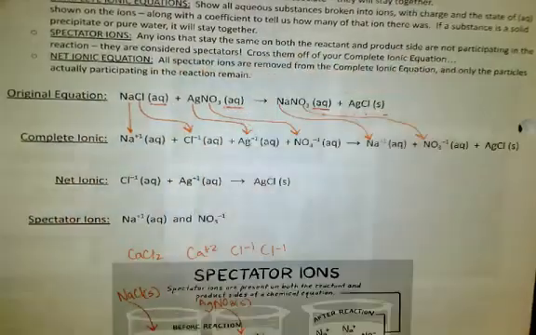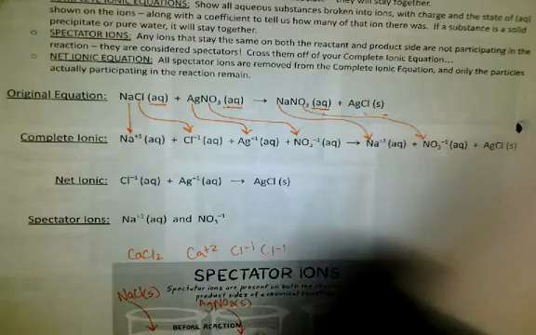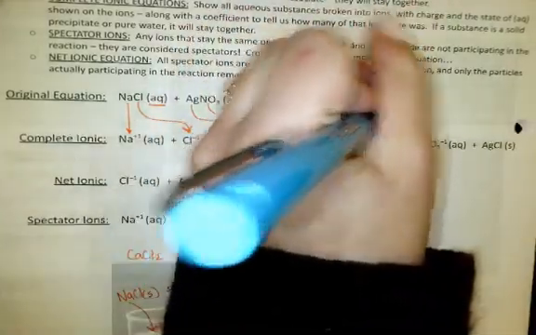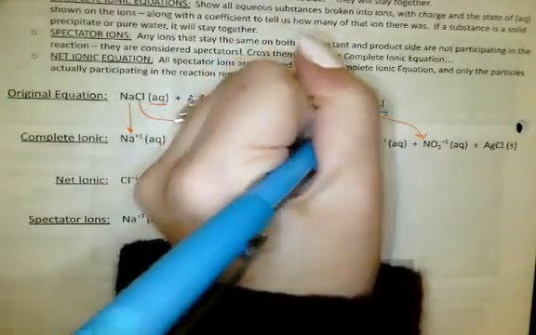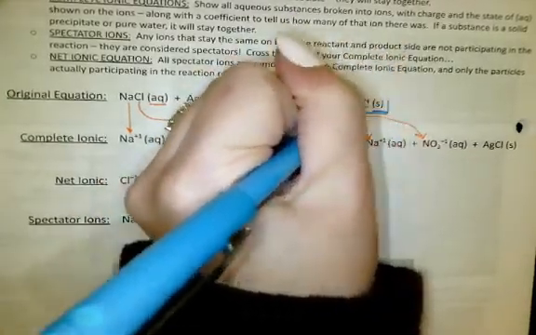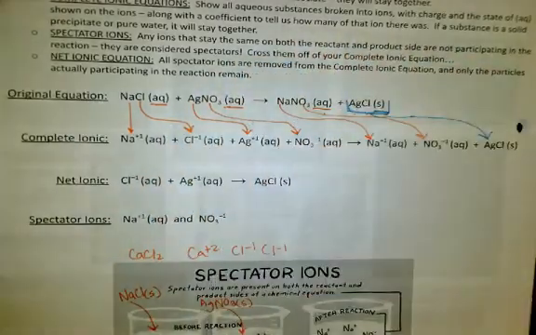Okay, separated out into their respective ions. But notice, silver chloride is a solid, right? If it is a solid, liquid, or gas, you're going to keep it together when writing the complete ionic equation. So notice we didn't separate out silver chloride into its ions because it's not dissolved in the water. It is together as silver chloride.